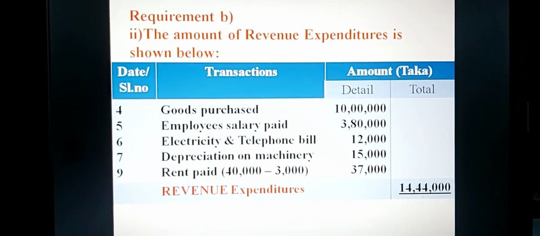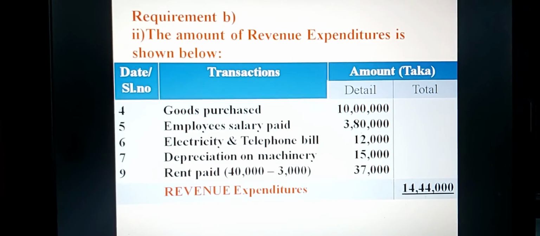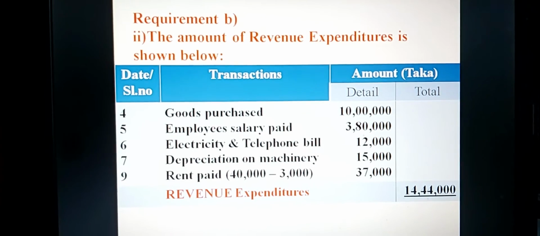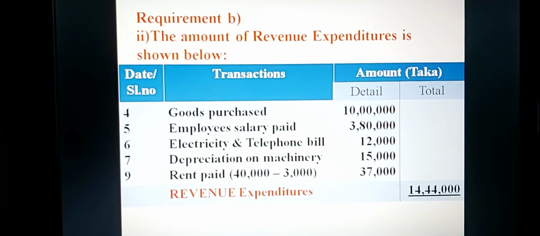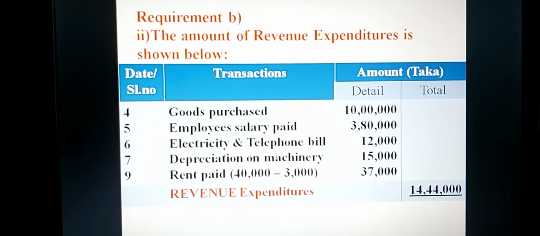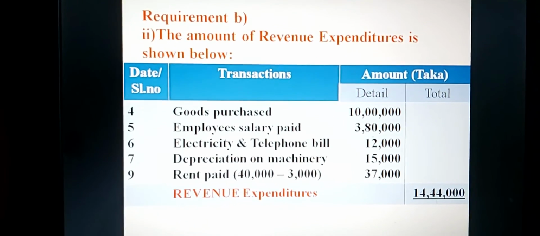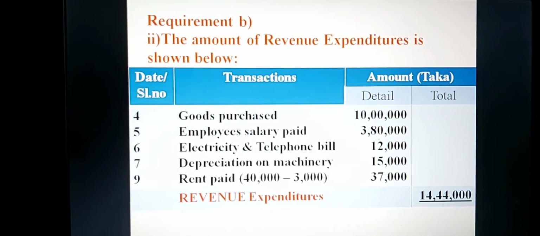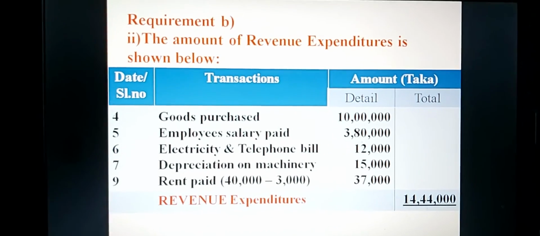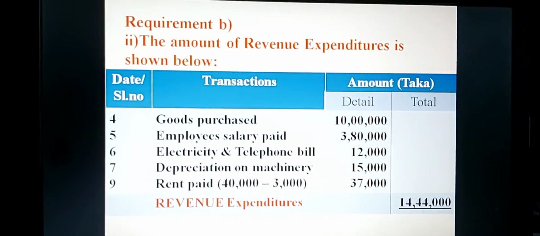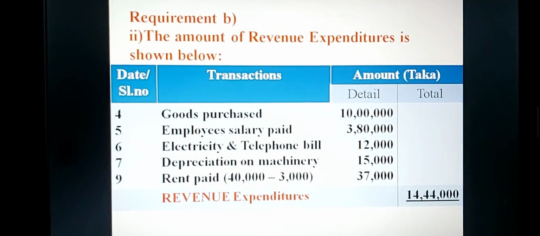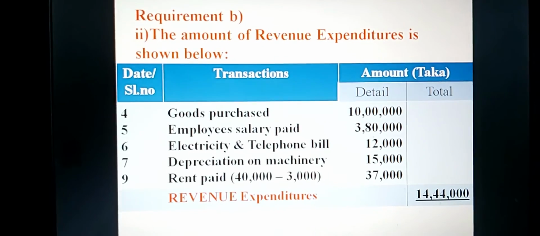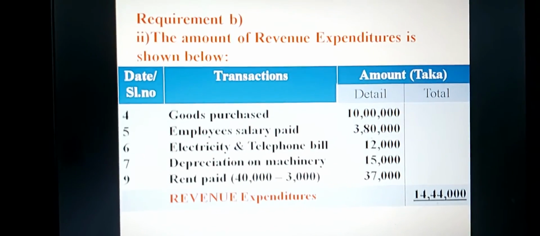From the accounting equation, from chapter 2, transactions, we know that asset is equal to liabilities plus equity. But in this equity, four items are involved: capital, revenue, expenditure, and drawings. The three elements of the accounting equation are asset, liability, and equity, and the four sub-elements are capital, revenue, expenses, and drawings.